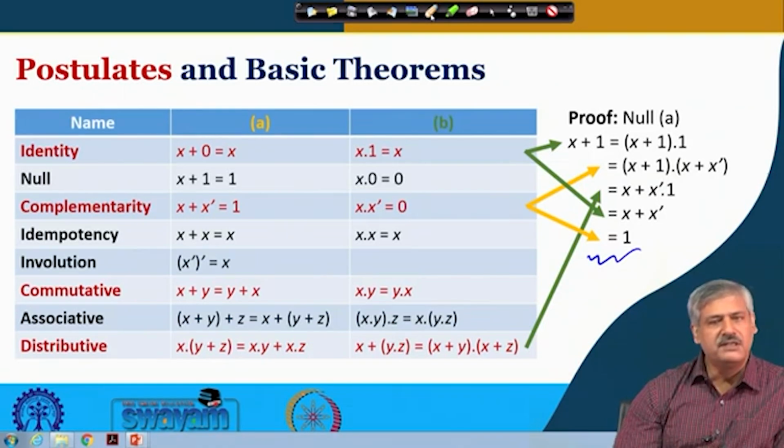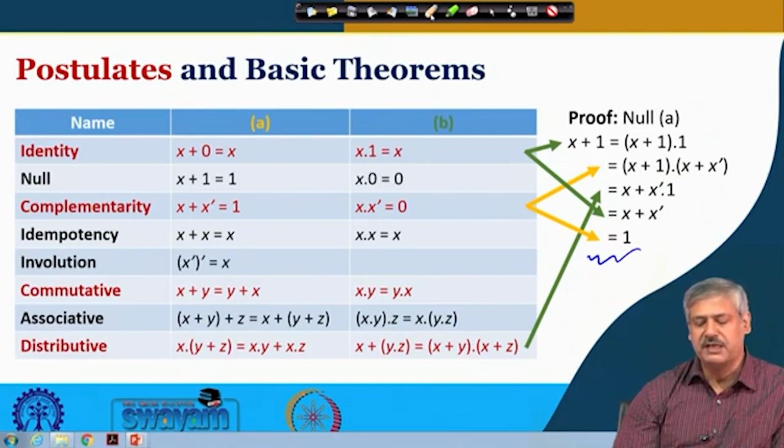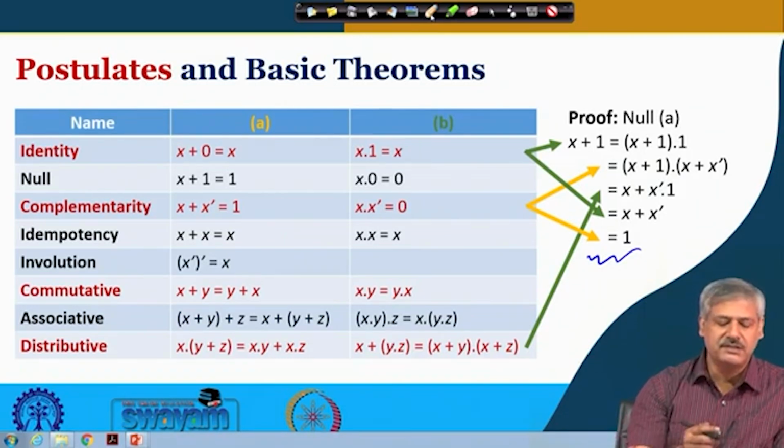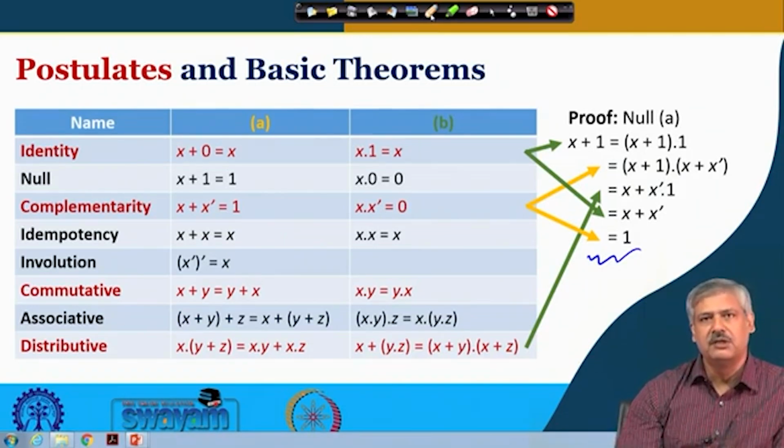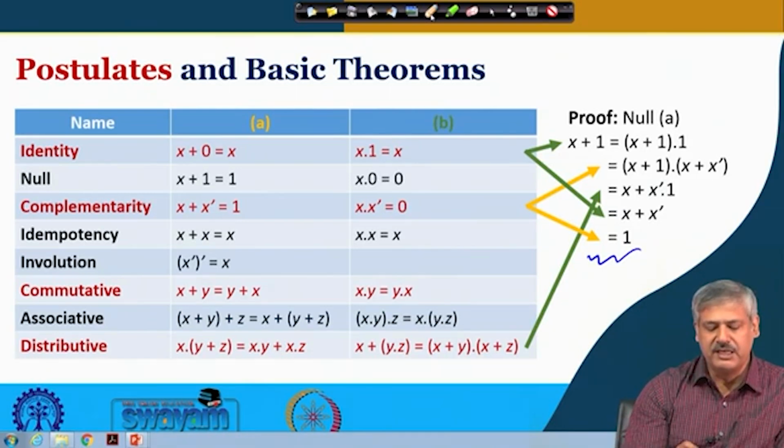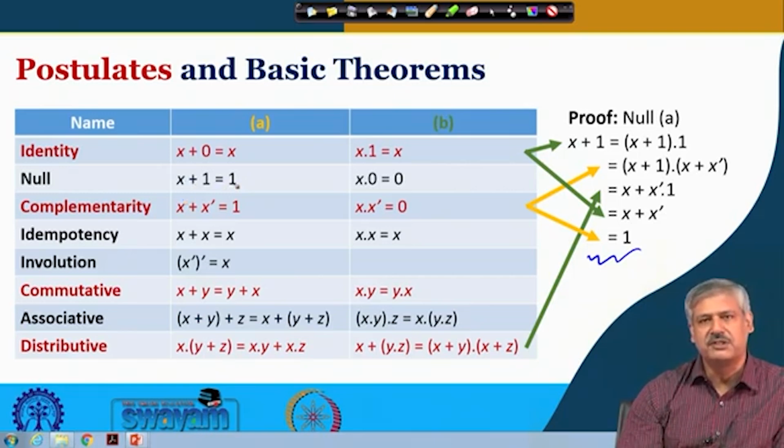So, identity we have already seen: x plus 0 is x, x and 1 is x. Null, this is a theorem, the null theorem. That means anything ORed with 1 gets nullified, it has no value, so the output will be 1. x has no representation in the output.